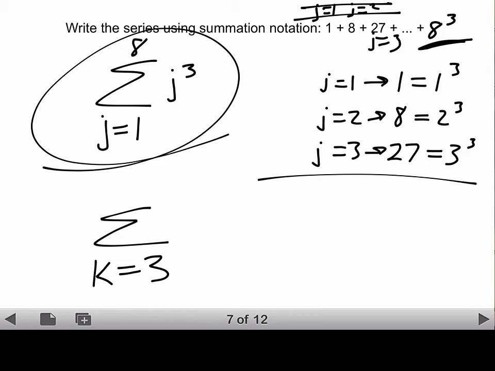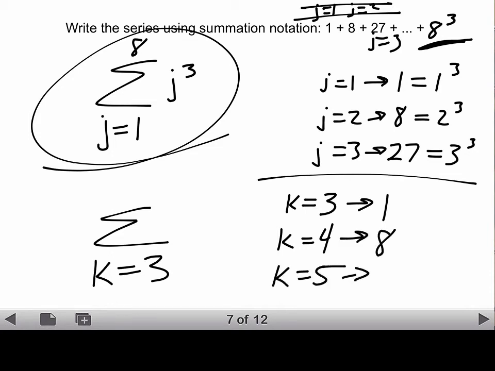So k equals 3, that would be the first term, so the number would be 1. K being 4, these have to go sequentially, is going to give me 8. K being 5 is going to give me 27. I still have cubes, right? These are still cubes.